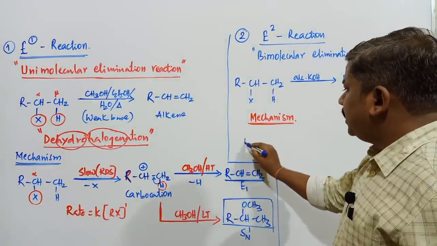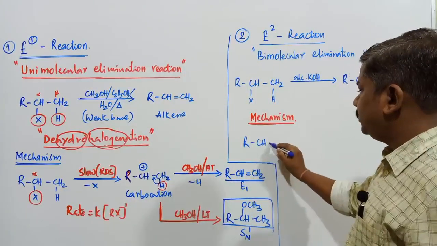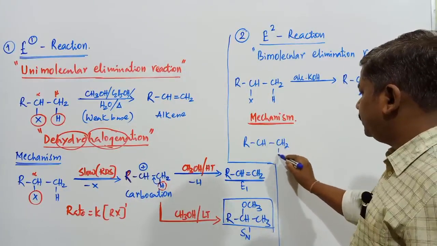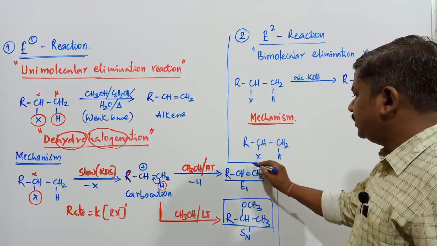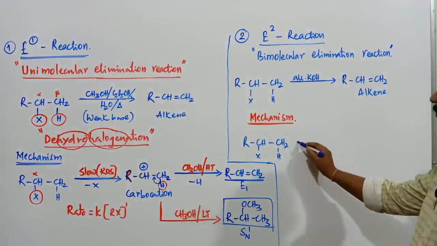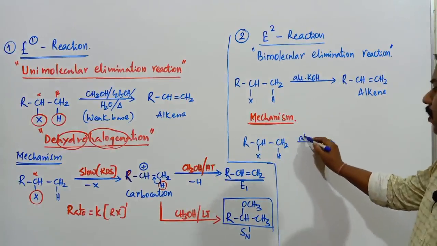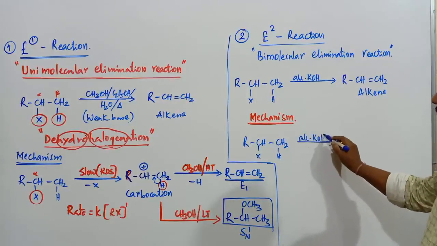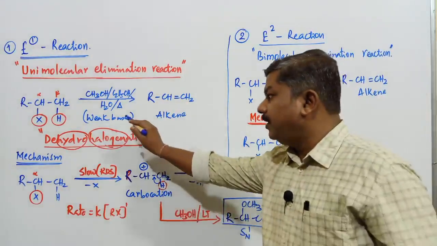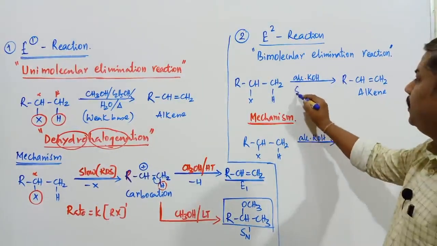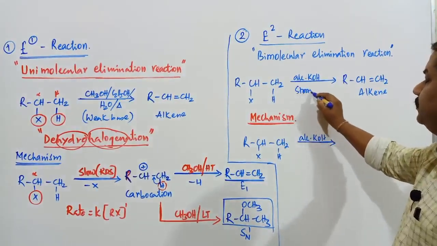Here this is R, this is CH, next one is CH2, this is H, and here it is going to be halogen. When this substance is treated with a strong base like alcoholic KOH, then it was a weak base. Now here we have to go with a strong base.